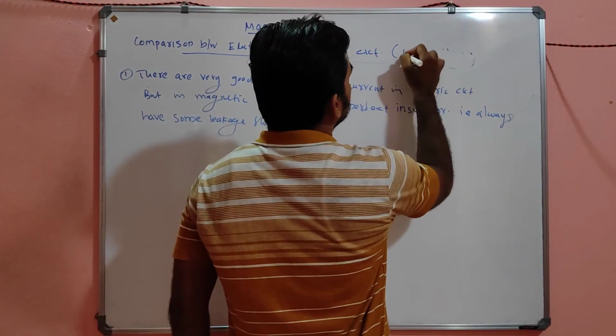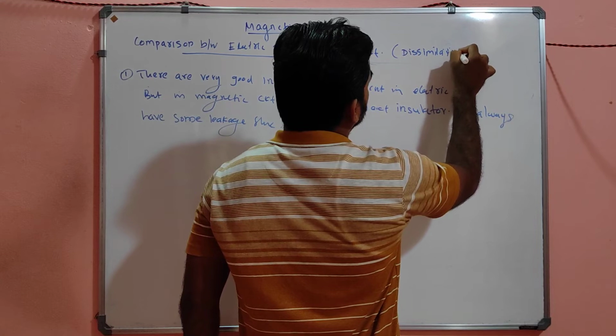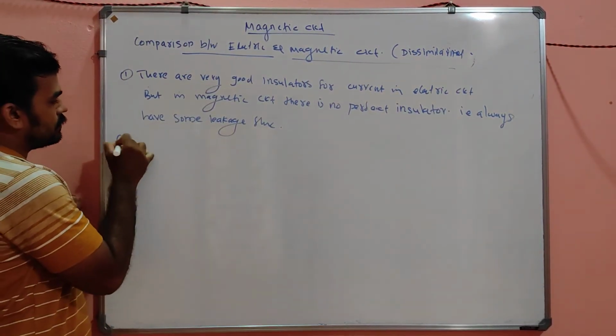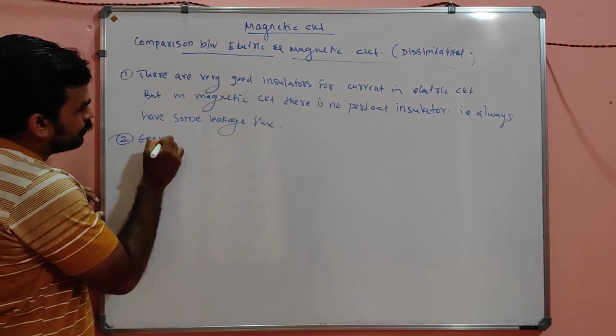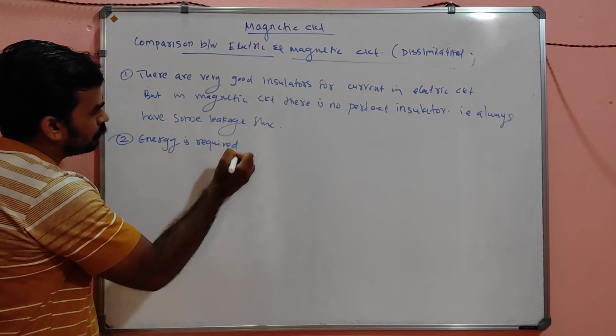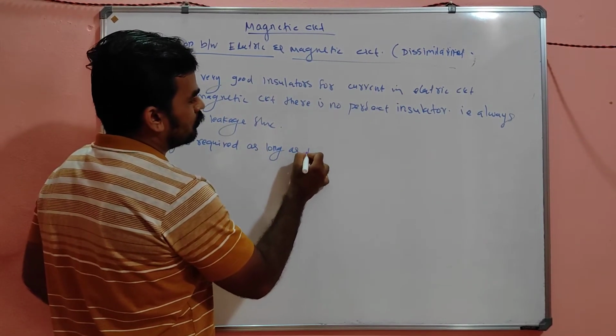Now you write dissimilarities again. The next dissimilarity: in an electric circuit, energy is required as long as the current flows.